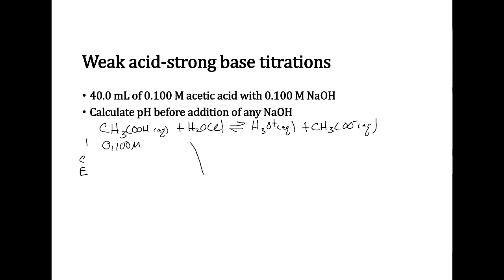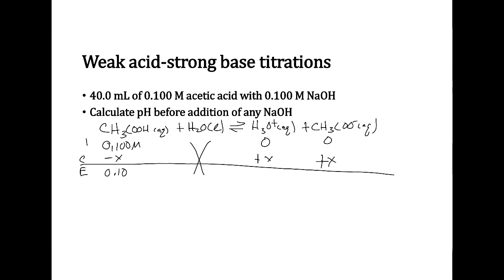Don't worry about water because it's a pure liquid. And then for hydronium and acetate, there's 0 initial concentration. Our change will be minus X, plus X, because Q is 0, so the reaction must proceed to the right. And we'll end up with 0.100 minus X, then X over here.